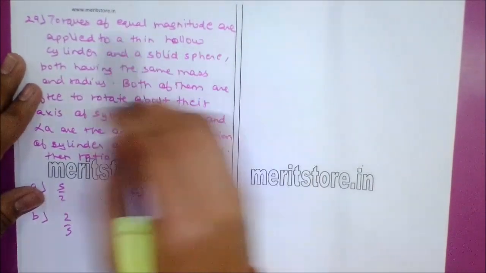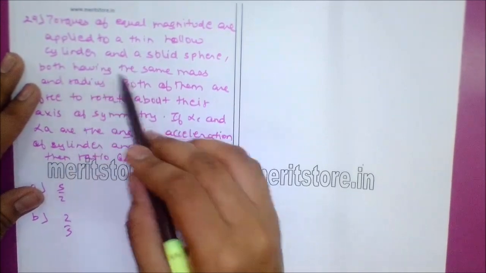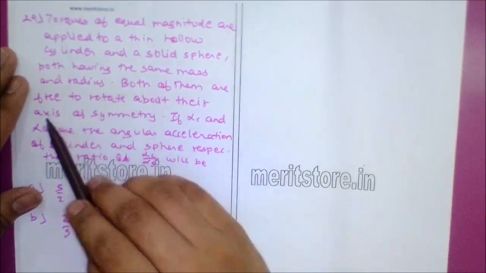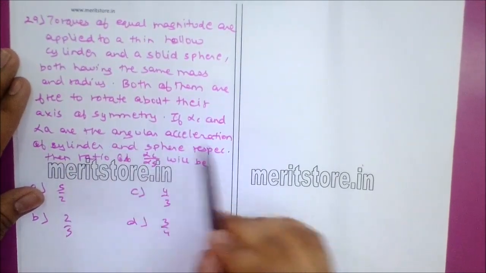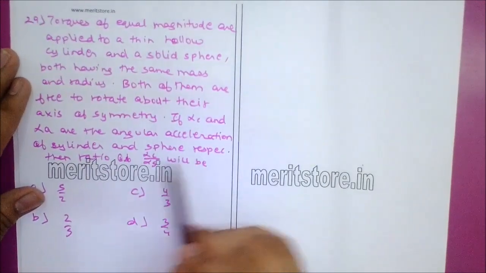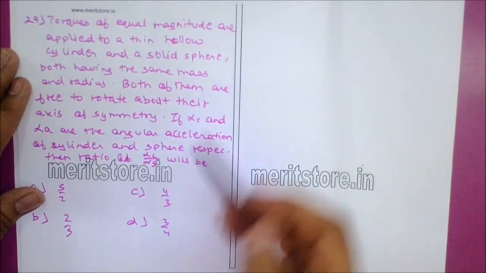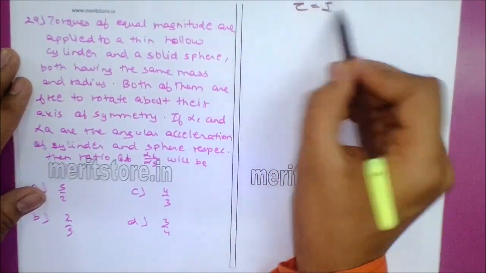Torques of equal magnitude are applied to a thin hollow cylinder and a solid sphere, both having the same mass and radius. Both of them are free to rotate about the axis of symmetry. If alpha c and alpha s are the angular accelerations of cylinder and sphere respectively, the ratio of alpha c to alpha s will be? So now we know tau is equal to I alpha.